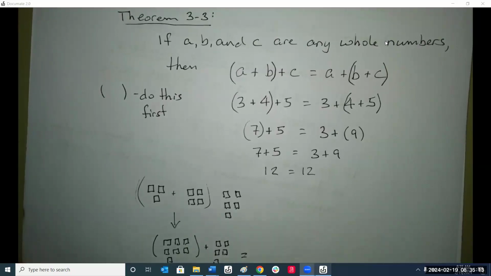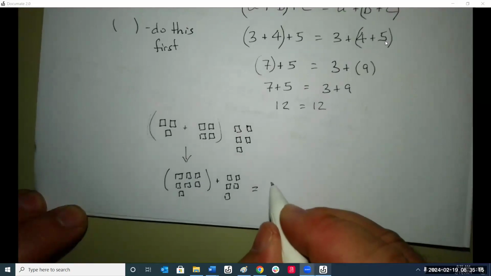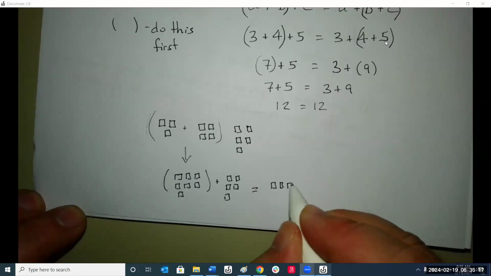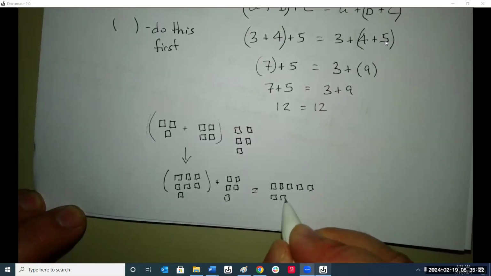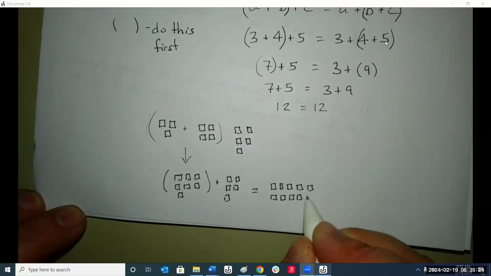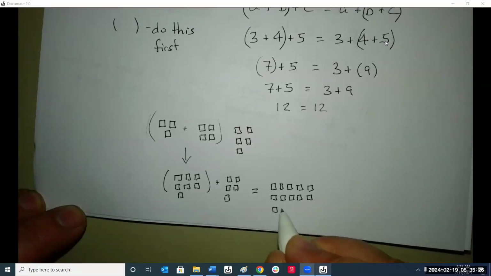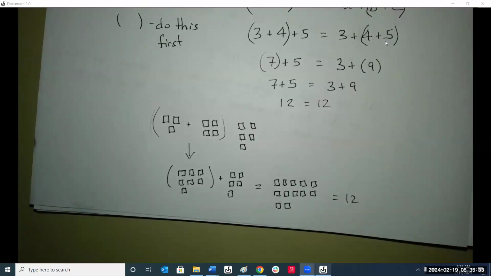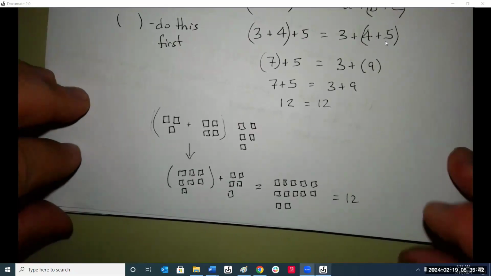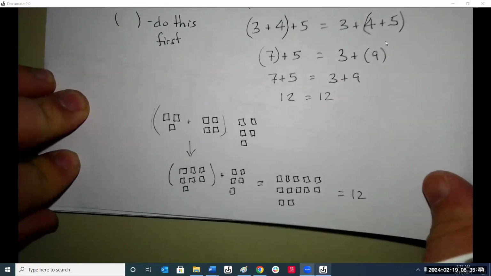Then if I combine all these blocks together, then just count those and you come up with 12. Right, so this is how you introduce these concepts to them.